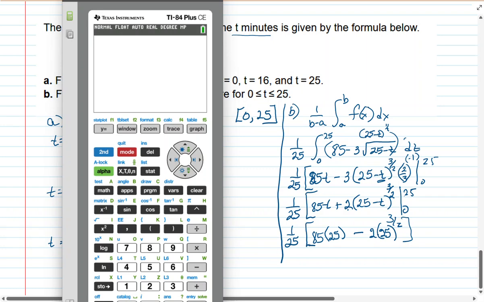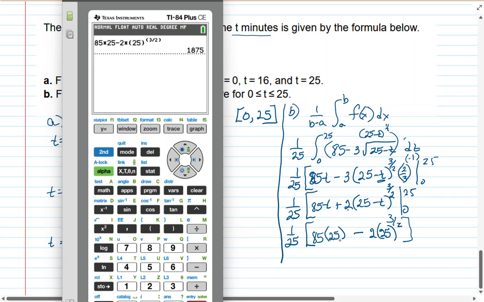So I'm not going to worry about the 25 divided into that. I'm going to just worry about the brackets. So I'm going to have the 85 times the 25 minus the 2 times, in parenthesis, 25 parenthesis of caret parenthesis 3 divided by 2 parenthesis, and I get, let me see if I entered right.